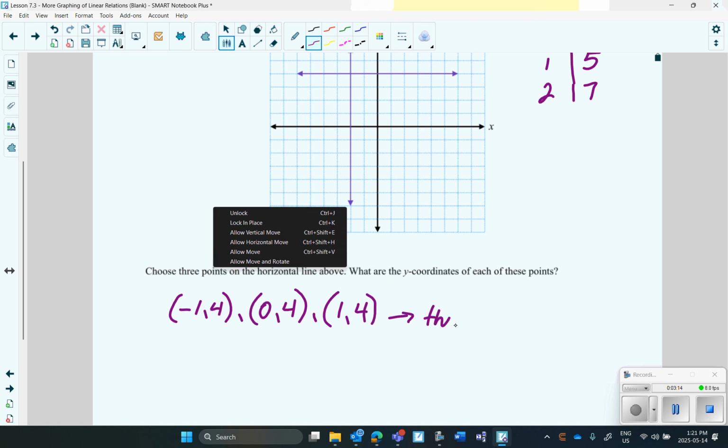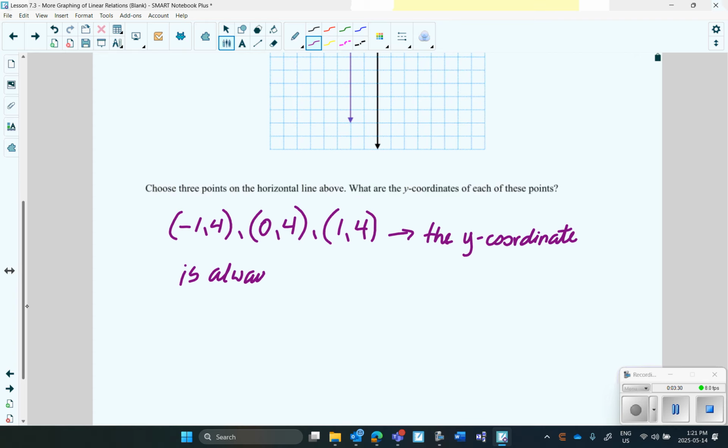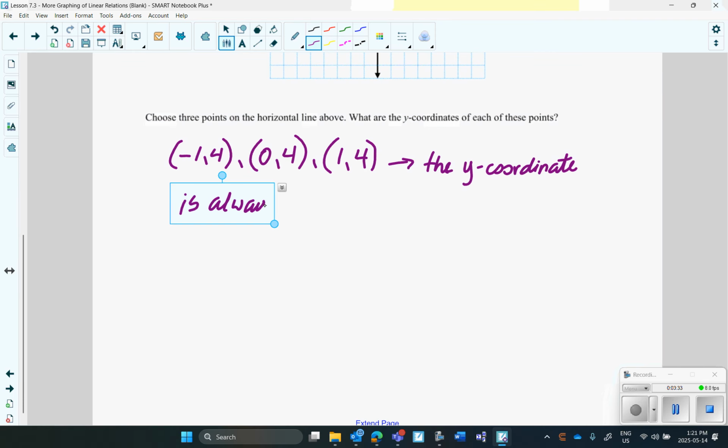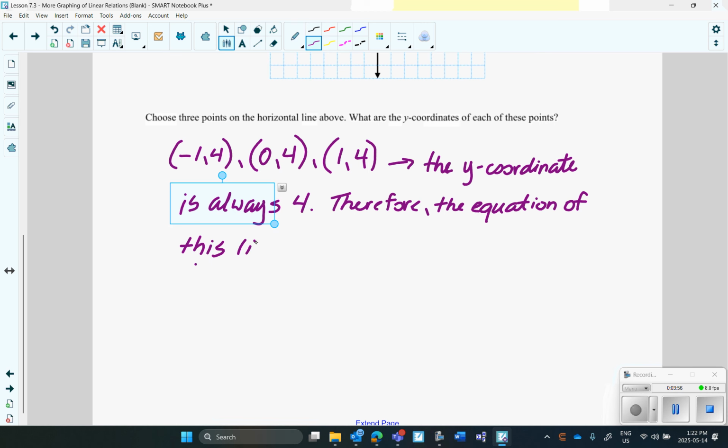Any point that you pick, the y coordinate is always 4. Therefore, the name of this line is 4.